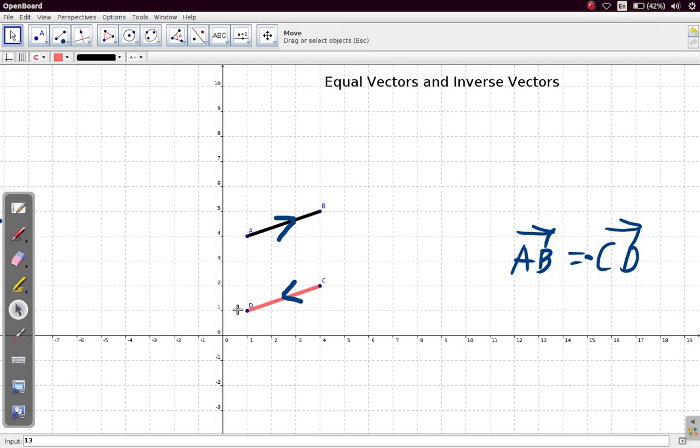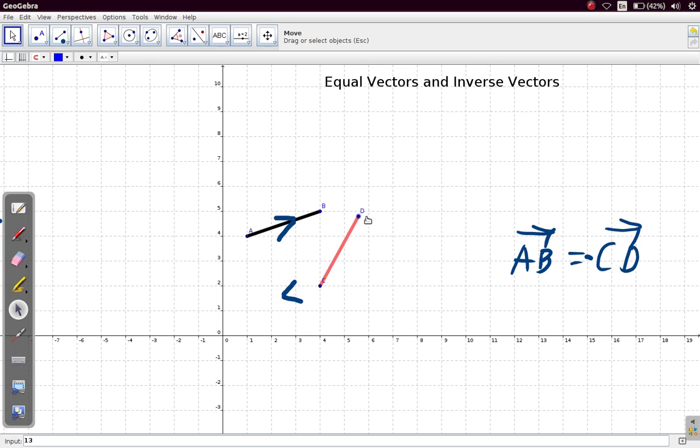If I should have the same direction as before and I lengthen CD a bit, then you no longer have inverse vectors. They must have the same magnitude, so I need to put back D to make the magnitude. And by magnitude, of course, it means length, the length of the line of the vector. So same length or same magnitude, but opposite direction make them inverse.